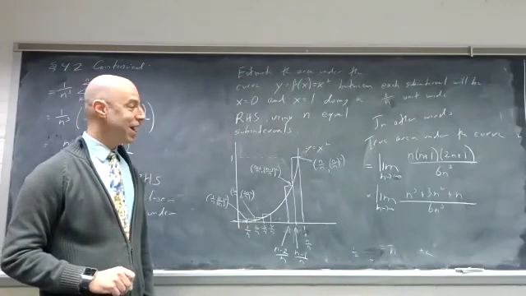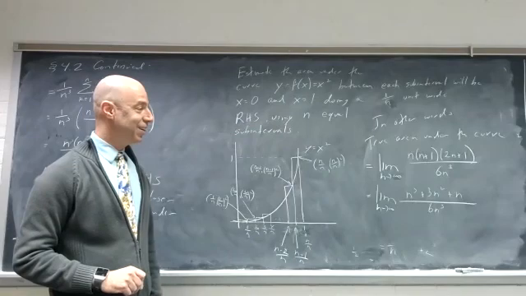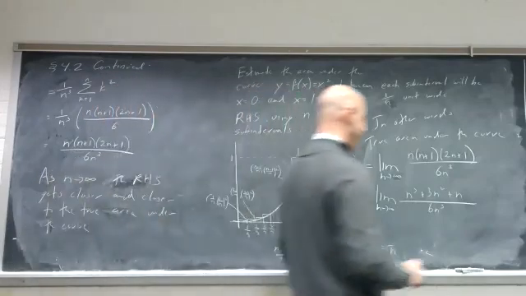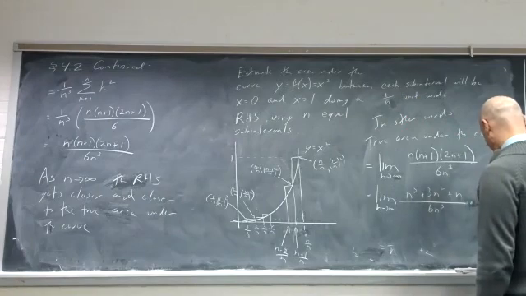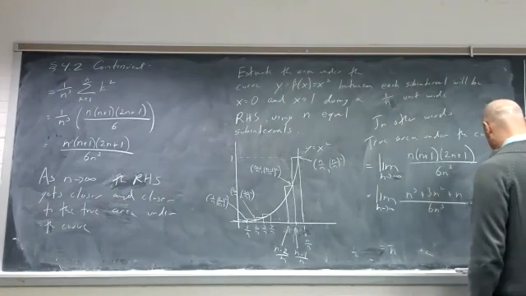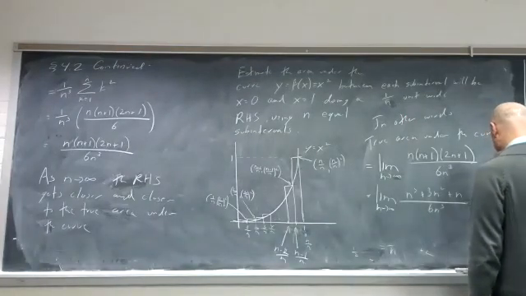That's something that you know how to do. We multiply the top and the bottom by the same thing. It's just like when we were doing horizontal asymptotes. That's exactly what we're doing here.